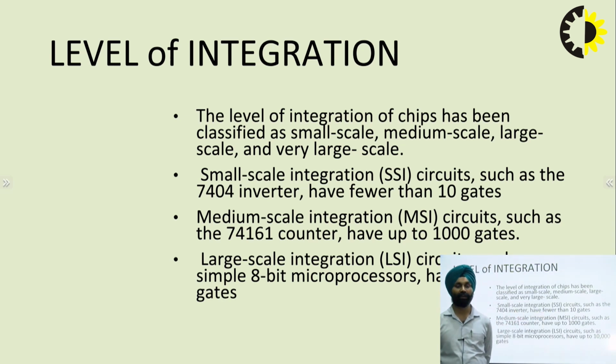There are 4 inputs and 4 outputs in that IC. Then there are counters which also use gates, like 74161, which is a counter IC. This counter has less than 1000 gates, but more than 10 gates. So this is classified as a medium scale integration circuit, or MSIC.